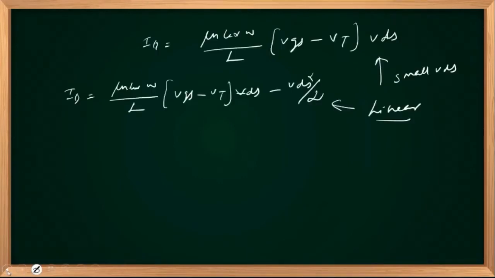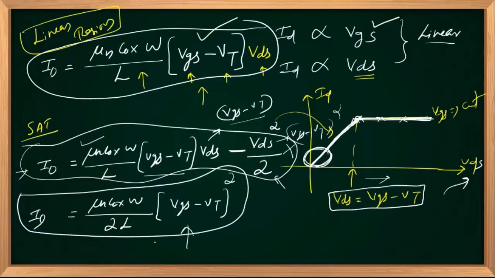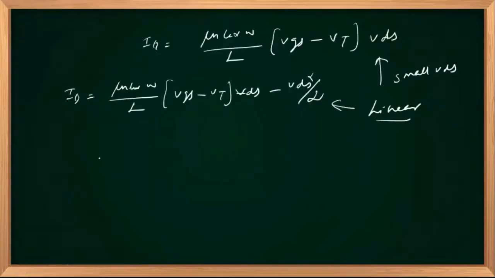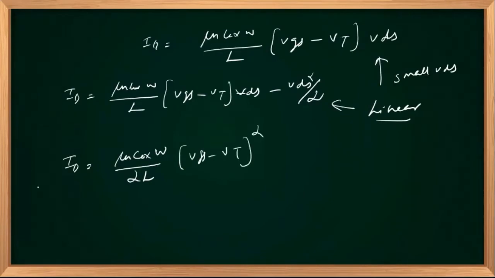And the last equation is well known, the saturation equation: ID equals mu n C ox W by 2L into (VGS minus VT) the whole square. You need not remember the earlier ones while doing the problems. We'll go with only one equation.